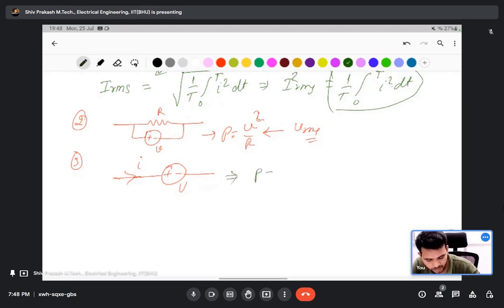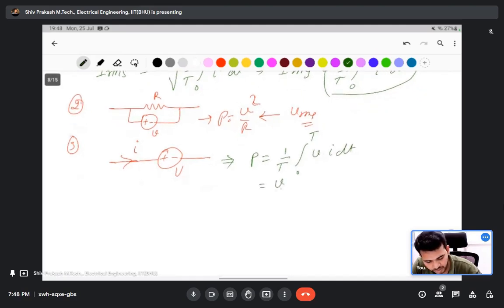Same thing, apply formula, power is equal to 1 by time period, integration of 0 to time period V into I into dt. Here V is a constant and V outside, 0 to T I into dt.